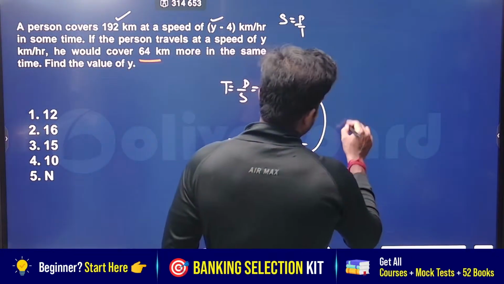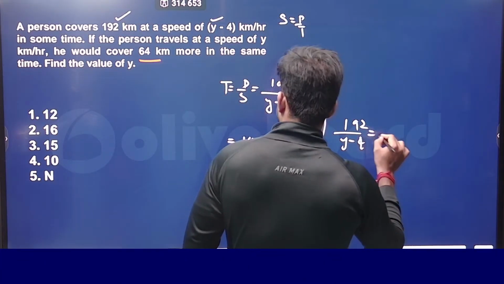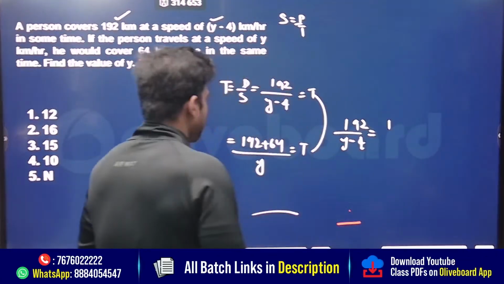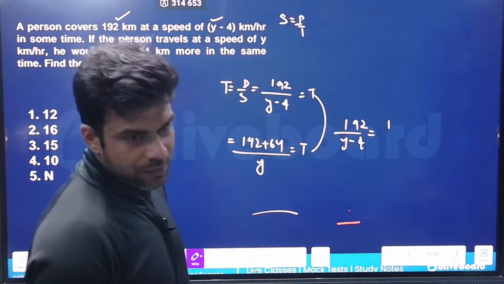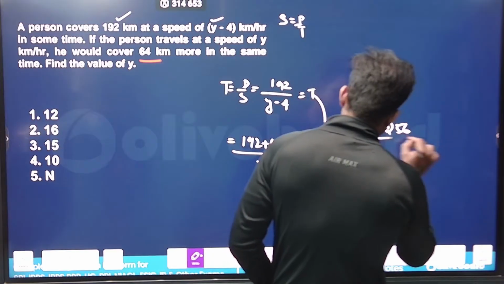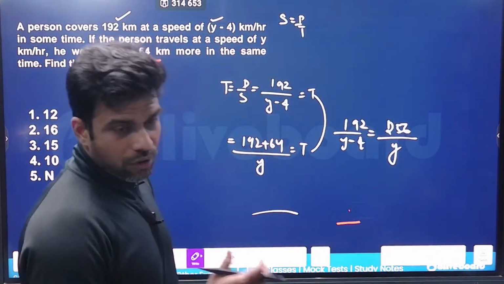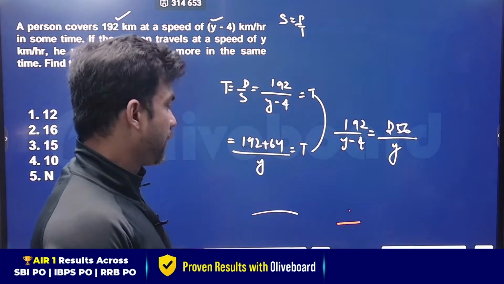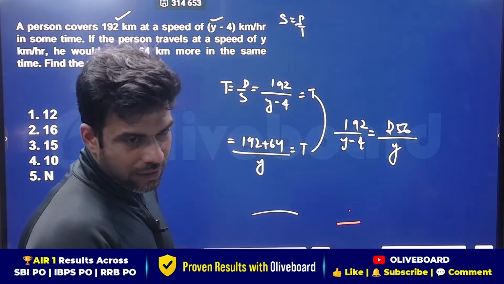Now see again, 192 by y minus 4 is equal to 192 plus 64, which means 256 by y, correct? Can I put the option? Or if I'm very good at it, I'll not put the option. Again guys, it depends.